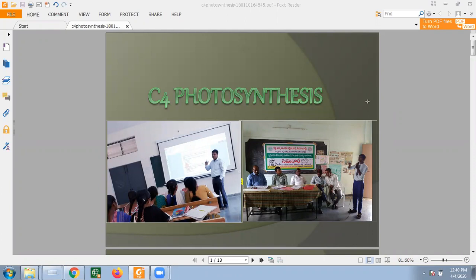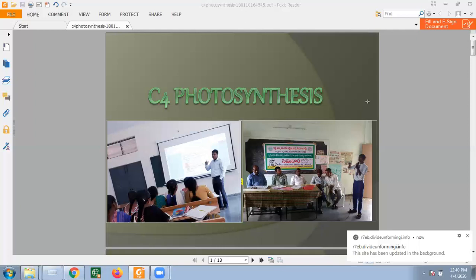Till 1965, it was universally accepted that the Calvin cycle, that is the C3 cycle, was the only pathway of CO2 fixation in photosynthesis. But in 1965, the fundamentals of the C4 cycle were first described by two important scientists, Kortschak and Hart and Burr.